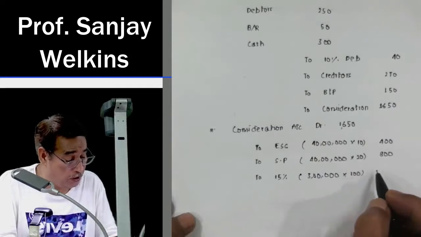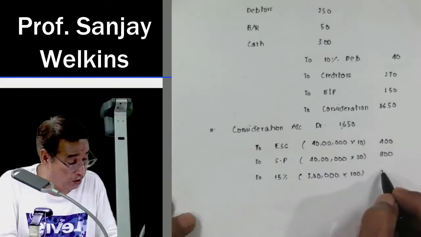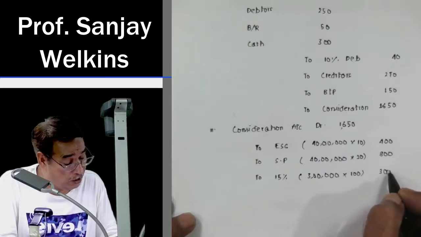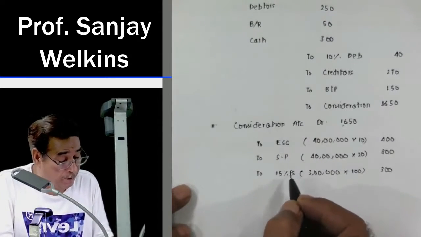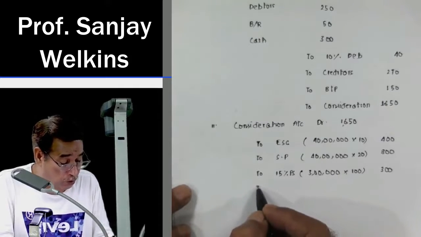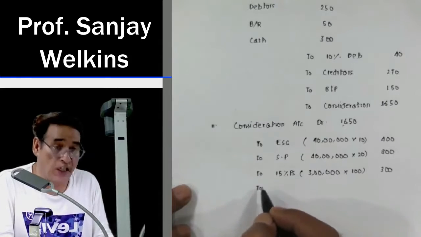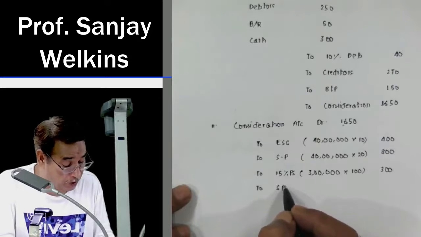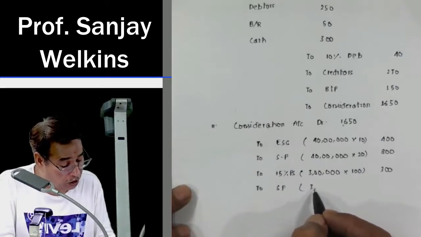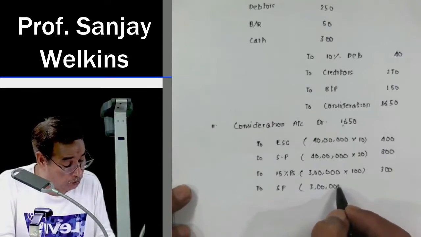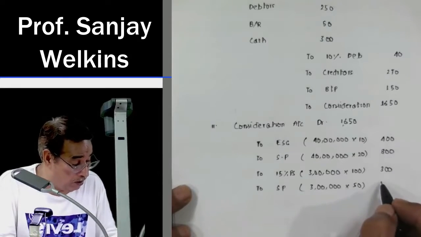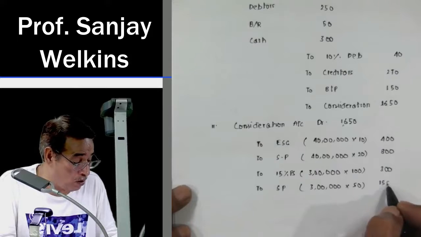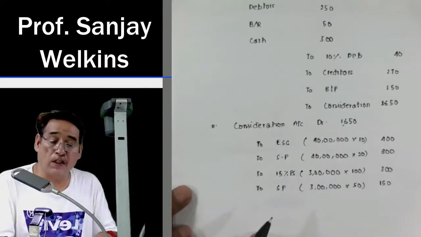So I will write here 3 lakh into 100. Ultimately in lakhs it will be equal to 300 lakhs, 15% preference shares. However, we issued the shares at the rate of 150. So I will write here securities premium once again. So 3 lakh preference shares were issued at a premium of 50. So 150. Is it clear to you or not?